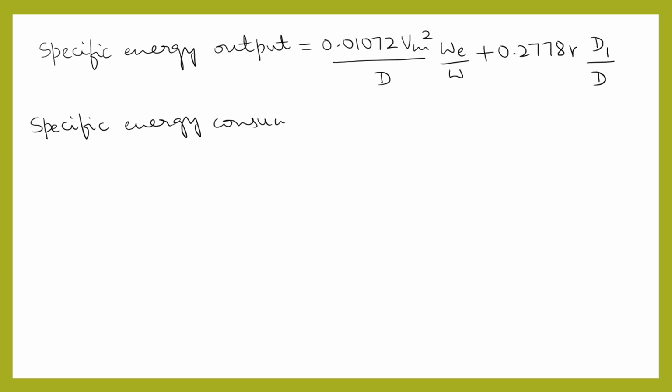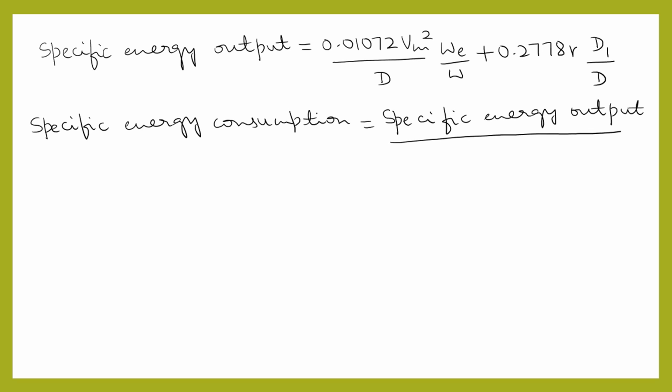It is defined as specific energy output at the driving wheels by the overall efficiency of the traction motors and gearing.